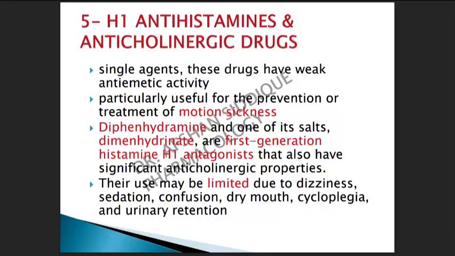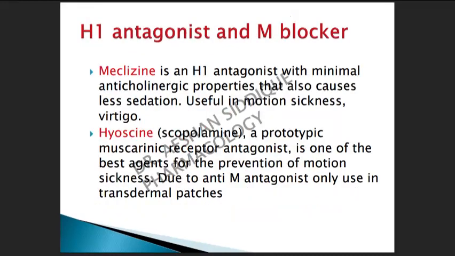Meclizine is another compound which is listed as H1 antagonist, while hyoscine and scopolamine are prototype muscarinic receptor antagonists, one of the best agents for the prevention of motion sickness, but it is usually limited क्योंकि M1 receptor को ये antagonize कर रहा है तो definitely आपका GIT system भी इसकी वजह से खराब होगा.